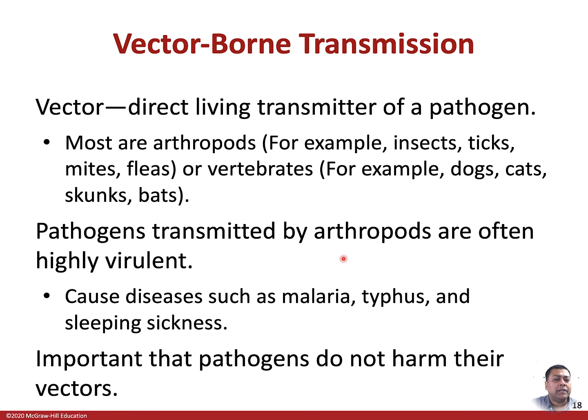These cause malaria, typhus, and sleeping sickness, which is transmitted by tsetse flies. Many other viral diseases are carried by mosquitoes, and they are very virulent as well. Yersinia pestis, which causes the plague, is also carried by fleas.